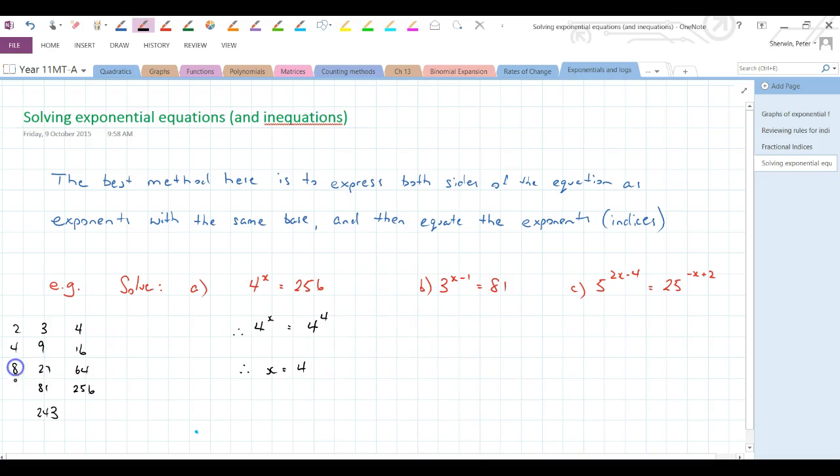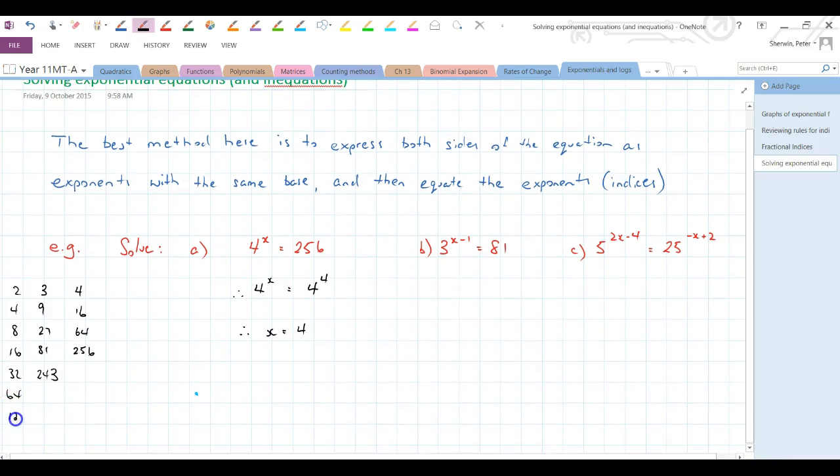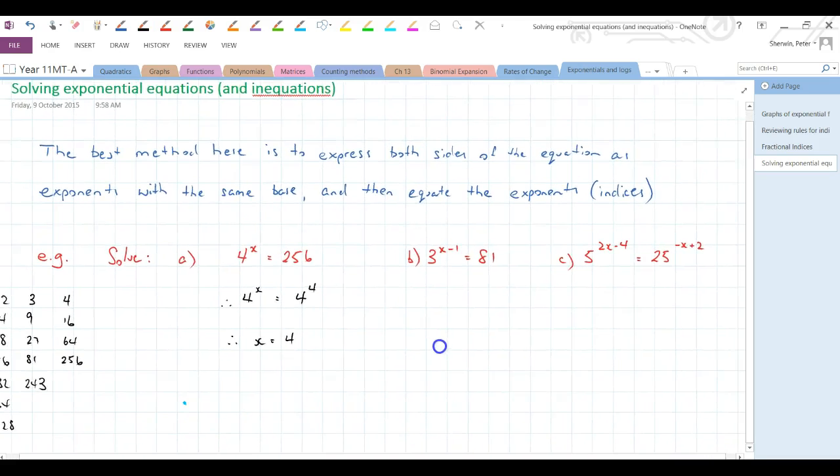Perhaps you're a bit more familiar with 2. These are the powers of 2 as we go up, and you can expect probably to go to 128 or 256 here, because powers of 2 perhaps are a little bit easier to see, but 3 and 4 not so much. You're not going to go any beyond these values, I shouldn't think. So this is 3 to the power of 5, this is 4 to the power of 4. We've gone down to 2 to the power of 7 here to get 128, but those sorts of numbers are going to be useful for you because these are non-calculator questions.